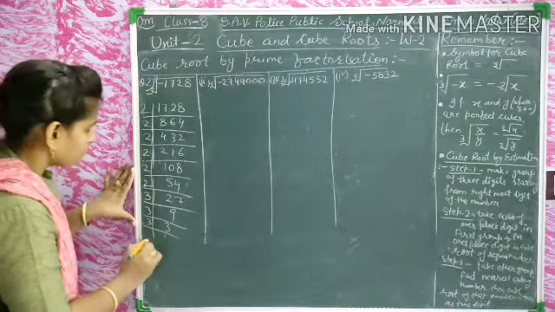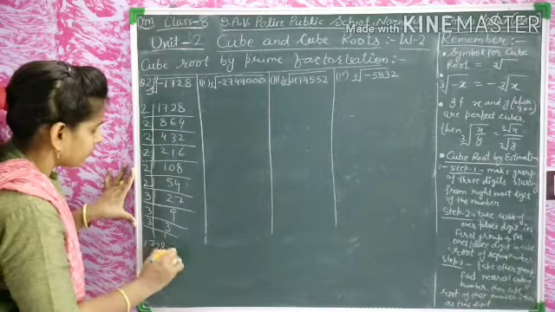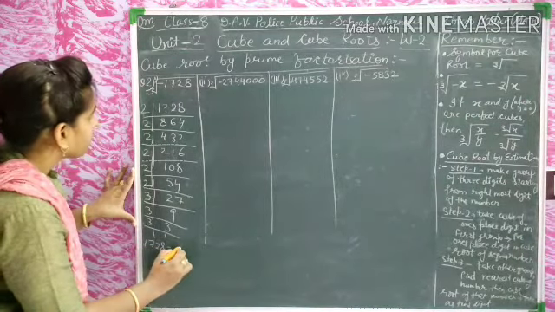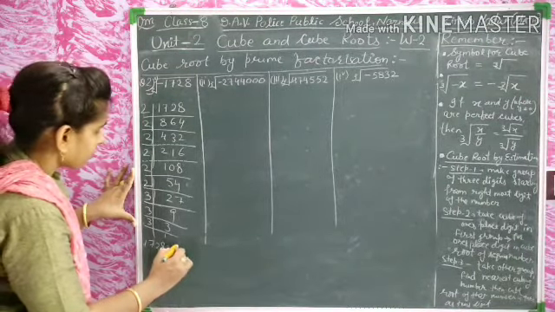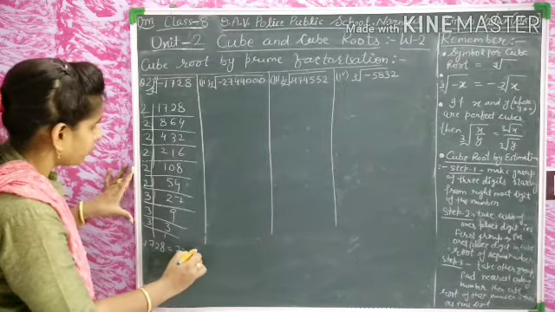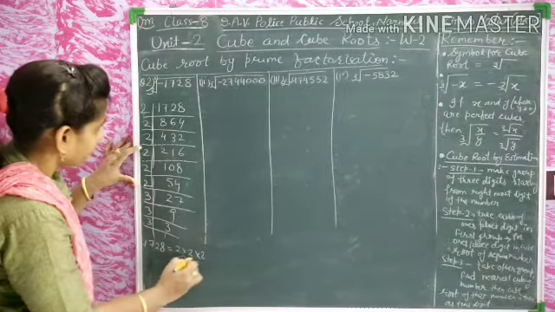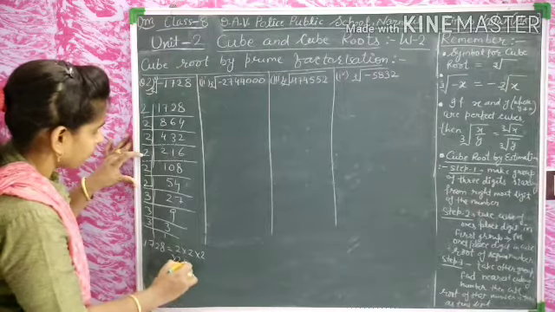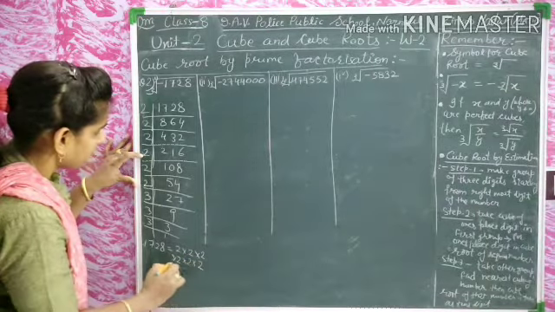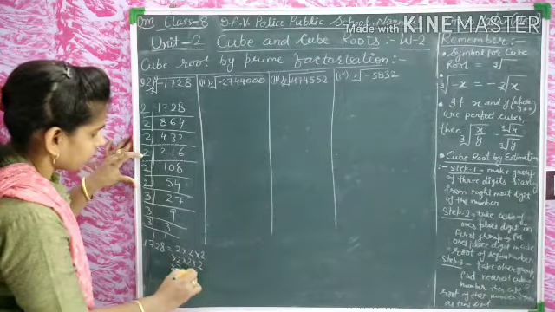So 1728 is equal to 2 into 2 into 2 into 2 into 2 into 2 into 3 into 3 into 3.